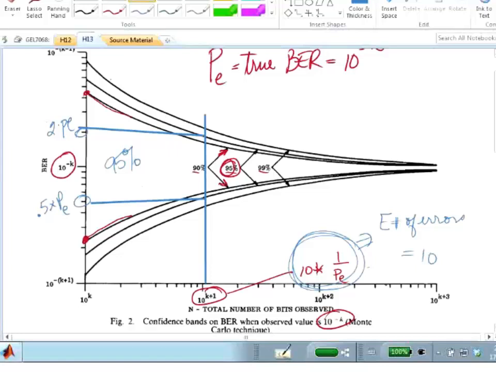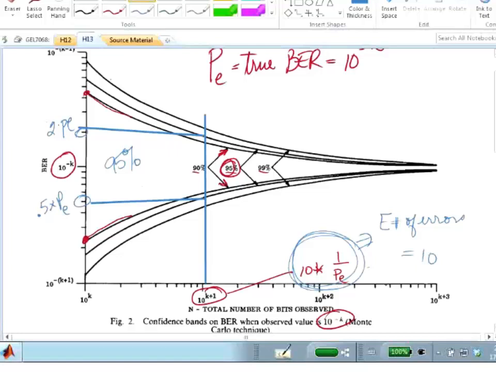So suppose I count 10 errors. Well, it doesn't mean that I've actually run exactly 10 times 1 over PE, but it means I'm probably pretty close to this confidence interval. And that's why we say that 10 is probably enough to get within an order of 2. But there's enough uncertainty in the stopping criteria because maybe for some sequences, for some reason, I get a noise burst and all the errors occur early, and then my estimate will actually be very different because it's not exactly equal to the expectation over infinite runs.